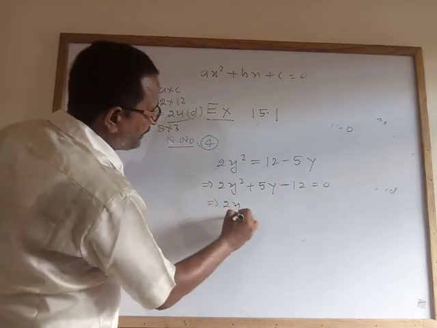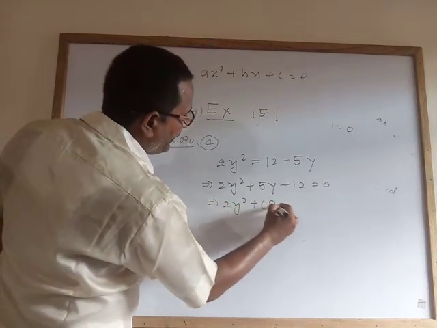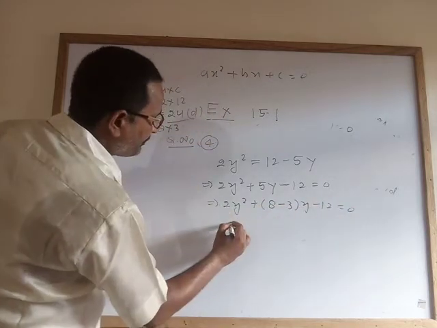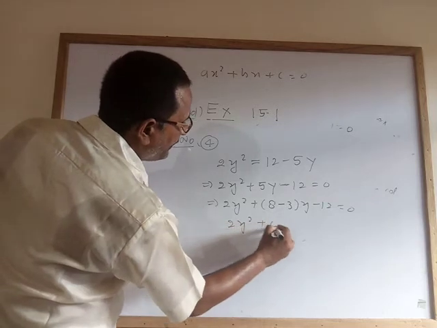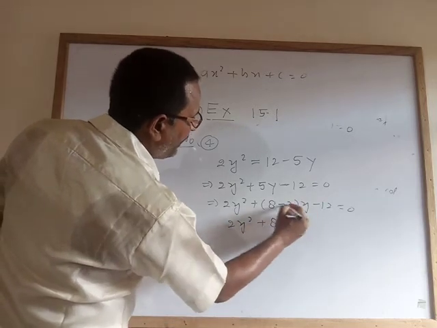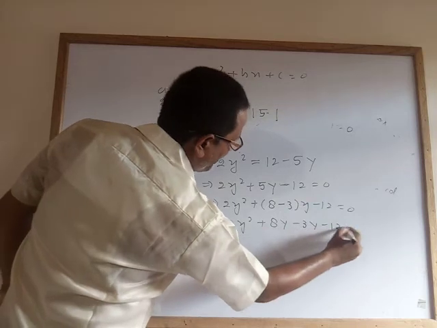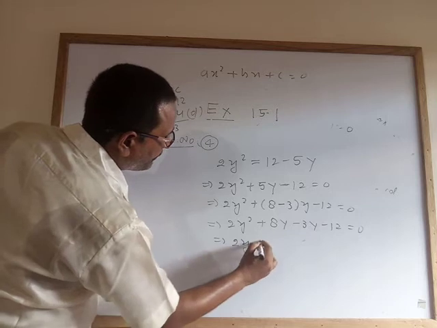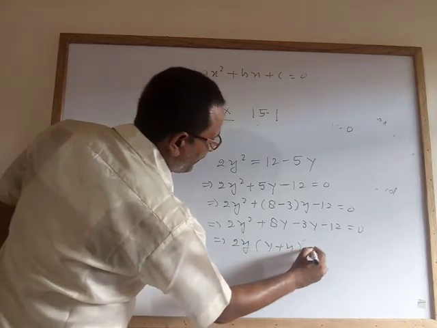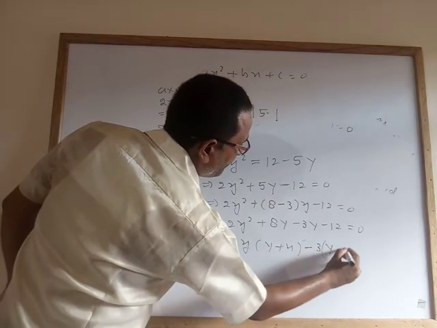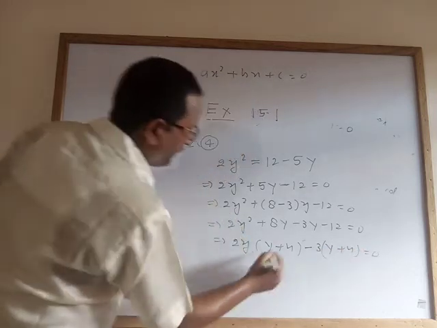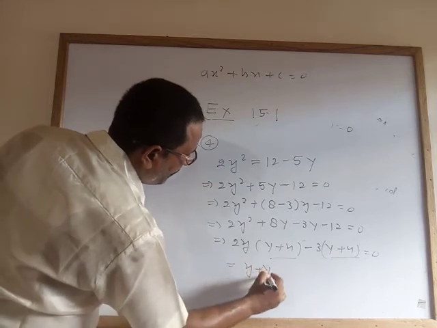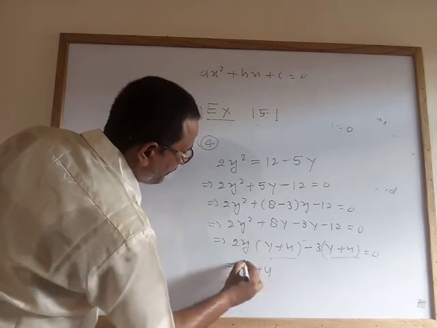Now 2y square plus 8y minus 3y minus 12 is equal to 0. 2y is common: y plus 4, minus 3 is common: y plus 4, is equal to 0. Now y plus 4 is common.